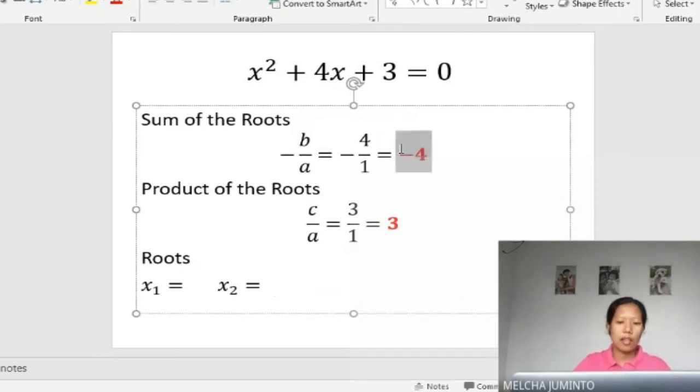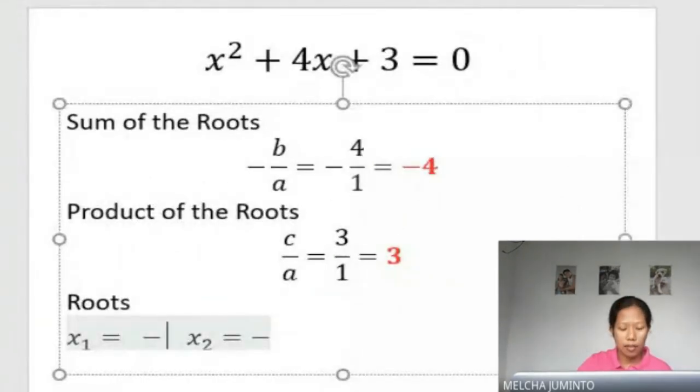Since the sum is negative and the product is positive, we know that if we multiply two negative numbers, the result is positive, and if we add two negative numbers, the result is negative. Therefore, we are looking for two roots which are both negative, because they will give us a negative sum and a positive product. Now, what are those two numbers that, once you multiply, the result is positive 3, but once you add, the result is negative 4?